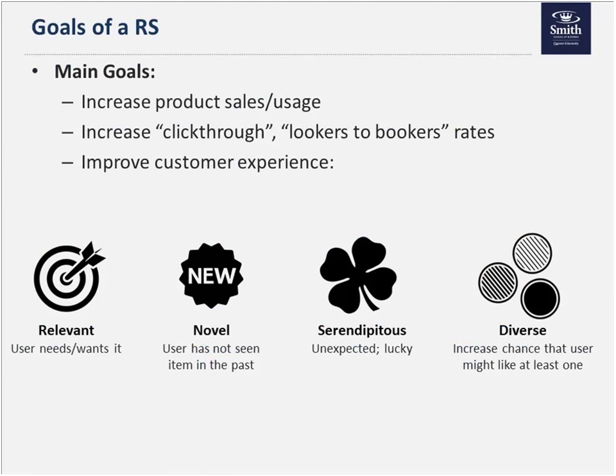So the goals of a recommender system, the big goal is obviously to increase product sales or product usage. They also want to increase click-through rates, lookers to booker rates, things like that. Also just to improve the customer experience. So an ideal recommender system would recommend items that are relevant. You want to show the user things he or she actually wants or needs.